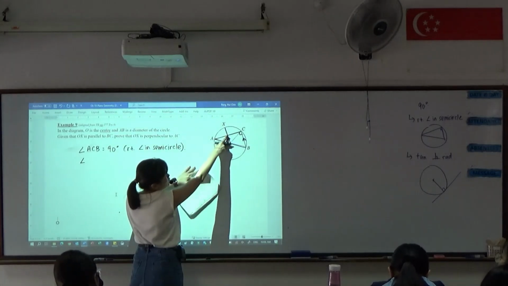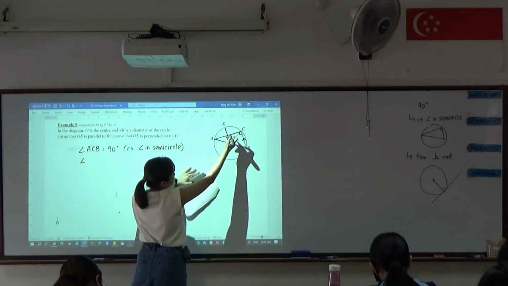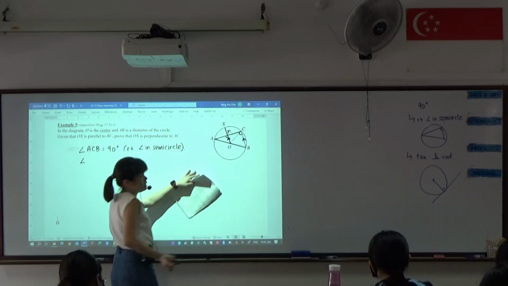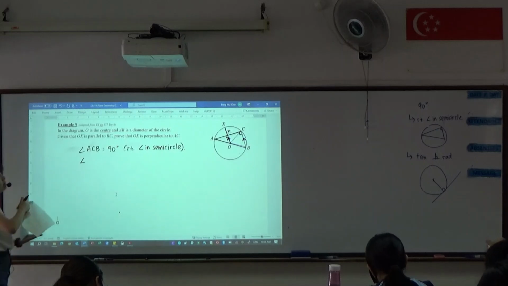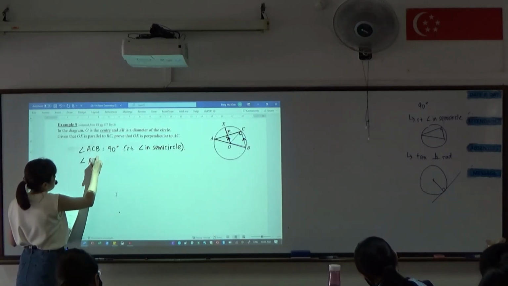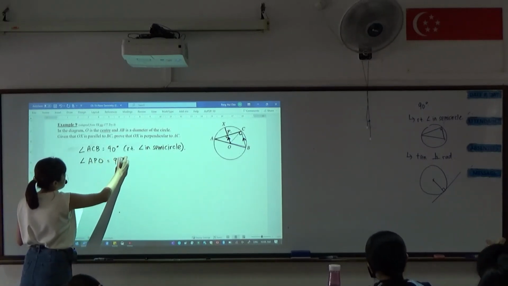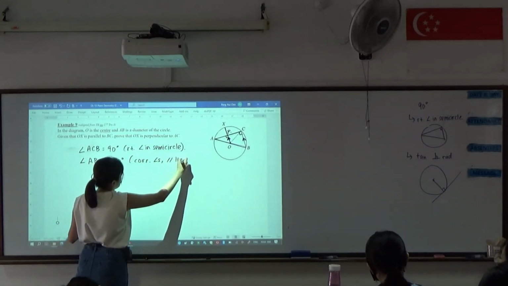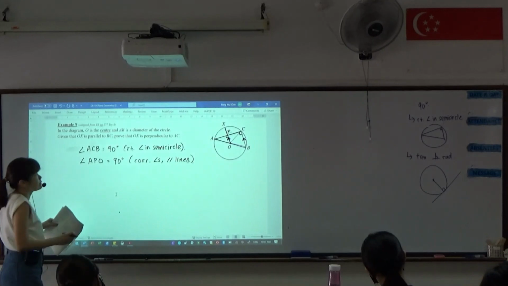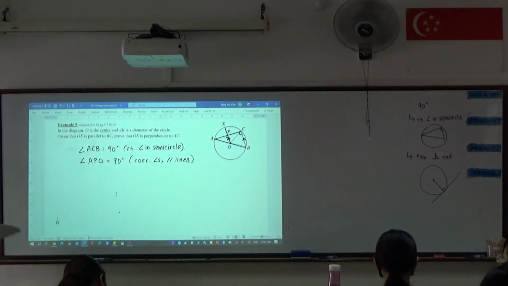Because there is no label for this vertex over here, you may want to just label it P. You can label that in your question paper in the exam also, just label directly into the diagram. So we call that angle APO, being 90 degrees as well, due to the corresponding parallel lines property.